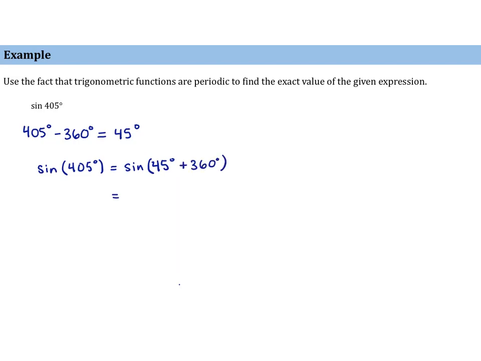But this is sine of 45 degrees, and this 360 degrees is the period for the sine function. So if we add a period to our input, then the output is going to be the same as the sine of 45 degrees, which we know to be the square root of 2 over 2.